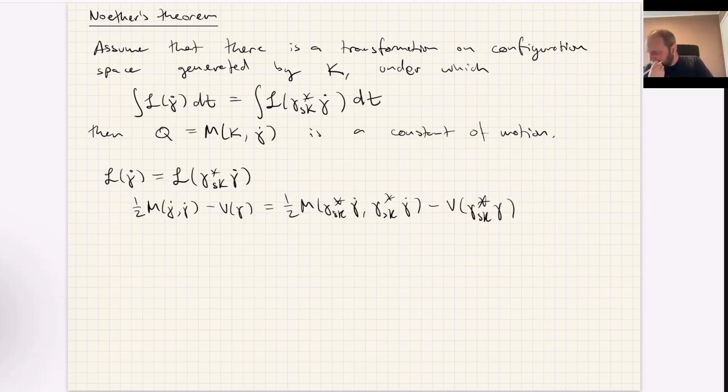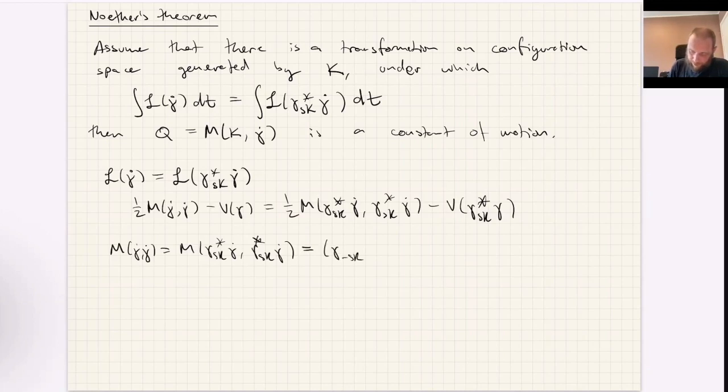But for this to be true, m of gamma dot must be equal to m of this transformed gamma dot. It's a lot of writing. But just by the properties of the push forward and pullback, I can write this as the pullback by the flow of m of gamma dot.